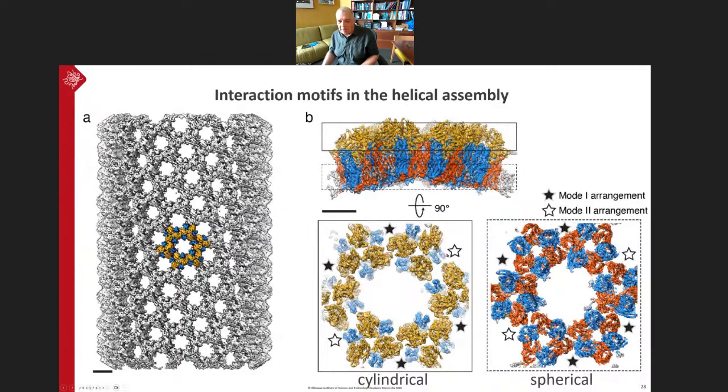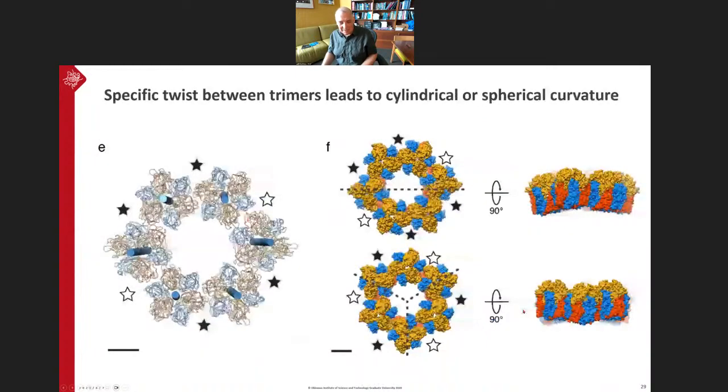And they alternate black, black, white, black, black, white. And that gives the cylindrical assembly. However, if you in the computer then alter this, and it goes... no, this is incorrect. This is the top and the bottom of the cylindrical assembly. I apologize. It would be the next slide.